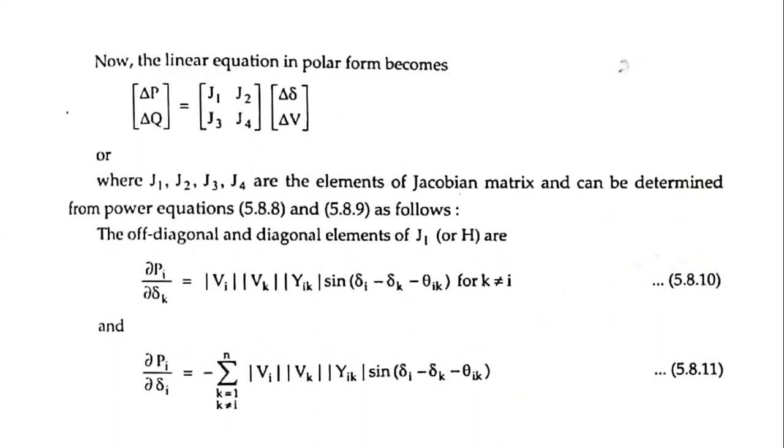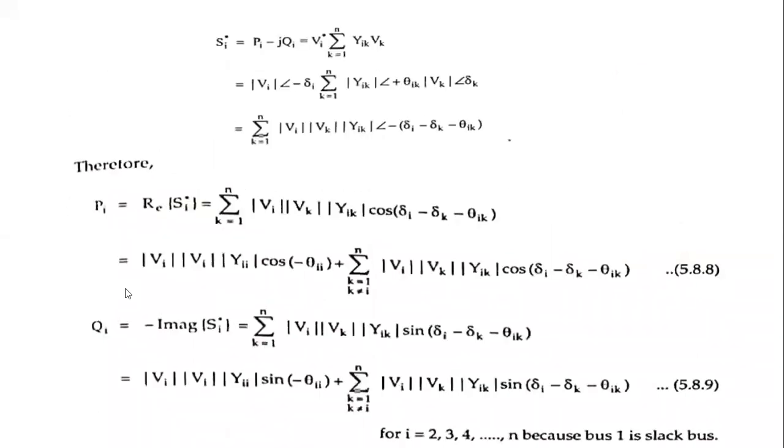What we need to remember are the Jacobian formulas J1, J2, J3, J4. In that Jacobian, J1 is considered as H, that is dou Pi by dou delta k. This is the P and the Q values.